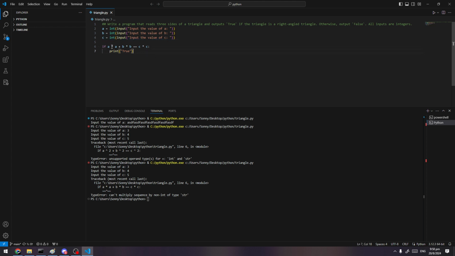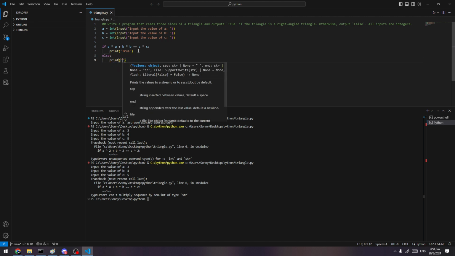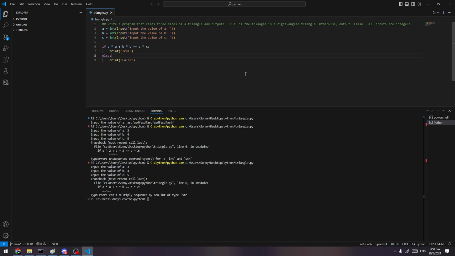So if a times a plus b times b equals c times c, you print true. If it's not, then we add an else. Remember to put a colon for else also, and you print false. Let's try again. With 3, 4, 5 it outputs true.